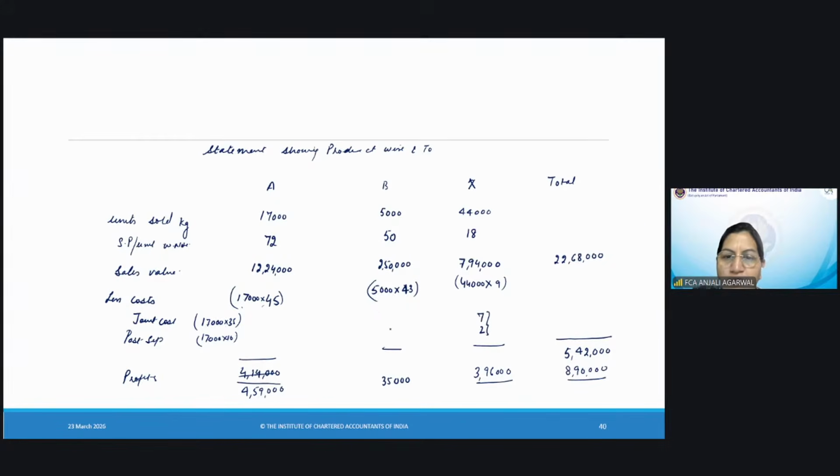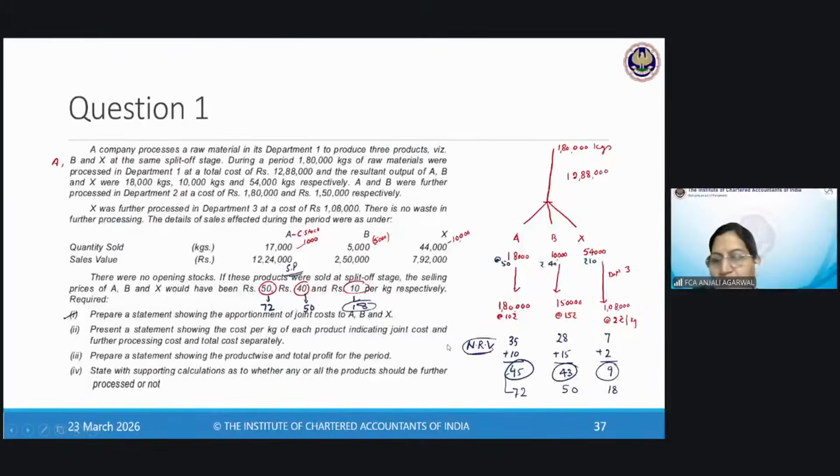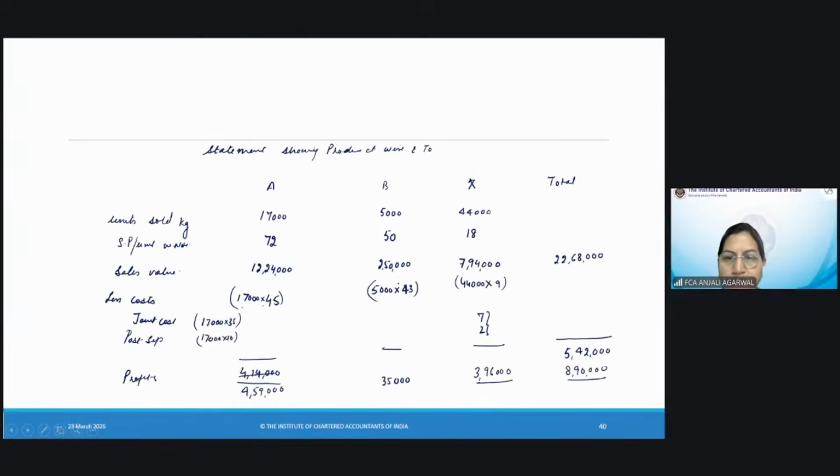And for B, it was 28 and 15 per unit, and post separation cost per unit. Okay. So this will give you your total cost, and the profit is 8,90,000.